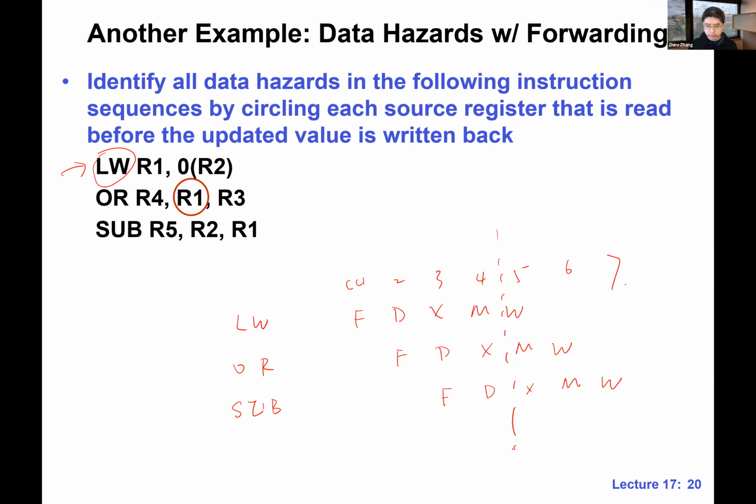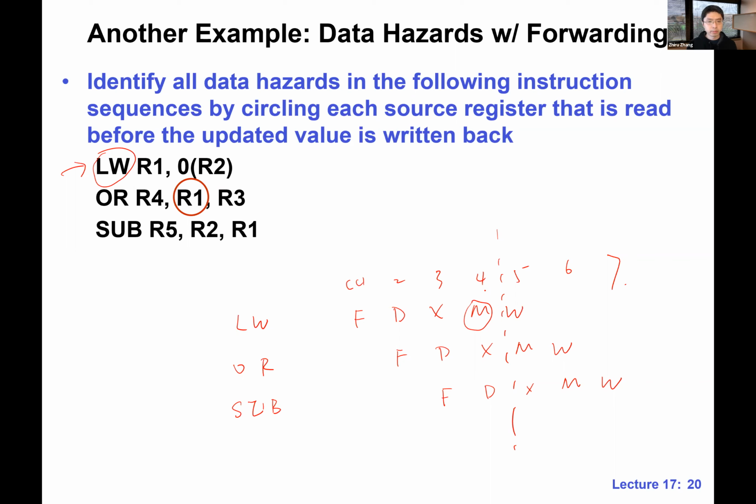Let me just draw a line. So later on, when you try to detect whether there's still a hazard with forwarding, whether forwarding can resolve a hazard or not, first identify which stage is producing that value. For load, the mem stage, not the EX stage, is producing R1. It's one cycle later than EX. Then we just draw a line like this.